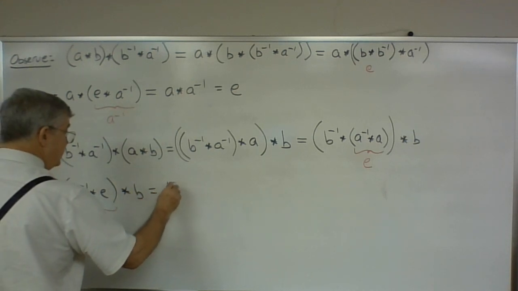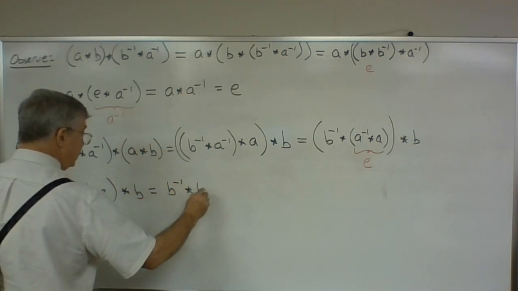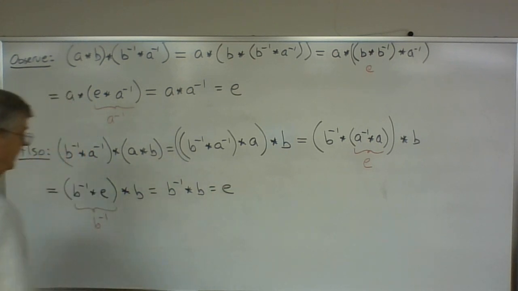So we have B inverse star B, and that's the identity.